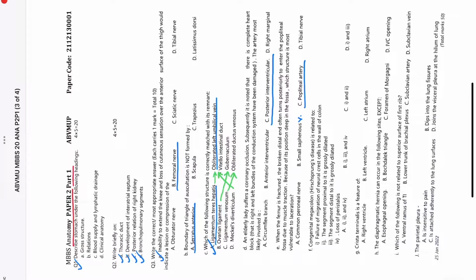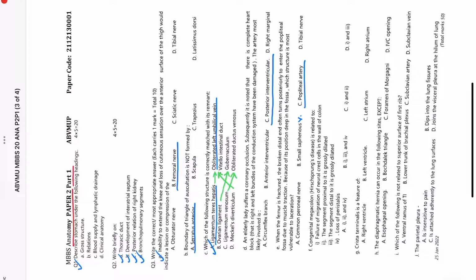Now question number 3F. Congenital megacolon, that's Hirschsprung's disease, is related to: number 1, failure of migration of neural crest cells in the wall of the colon. Number 2, the segment proximal to it is grossly dilated. Number 3, the segment distal to it is grossly dilated.